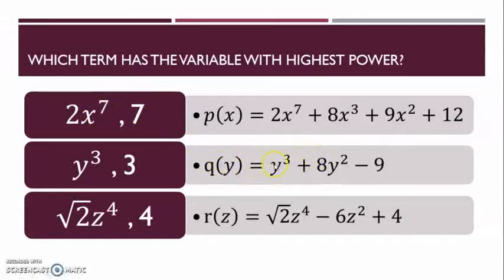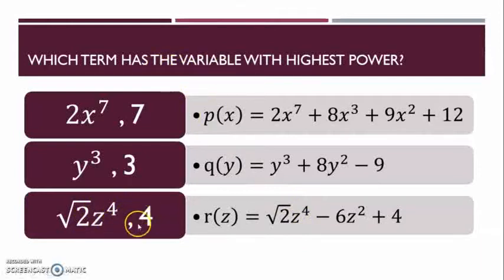In the second polynomial, we have 3 terms, and this term y cube has the variable with the highest power. So here the highest power is 3. The third example, we have 3 terms, and the term root 2z to the power 4 has the variable with the highest power 4.